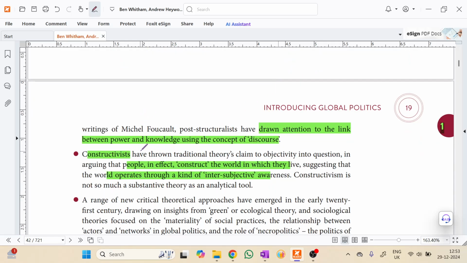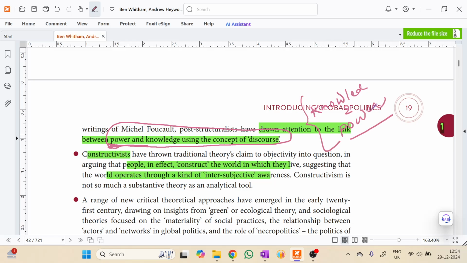Post-structuralism is not that difficult, but it has been explained in quite complex language, because they themselves believe that the world is a complex of knowledge and power. So their idea is that the world is run by two things, knowledge and power. Whoever has the knowledge has more power.